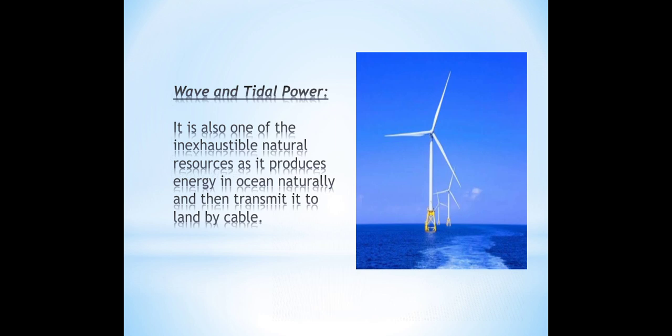It produces energy in the ocean naturally and then transmits it to land by cable. It is another kind of inexhaustible natural resource because the energy produced by the tide is natural.